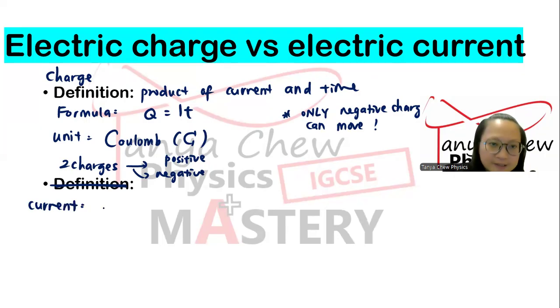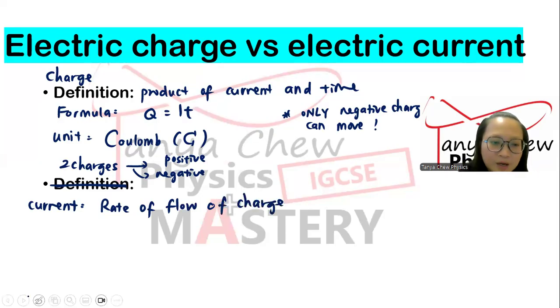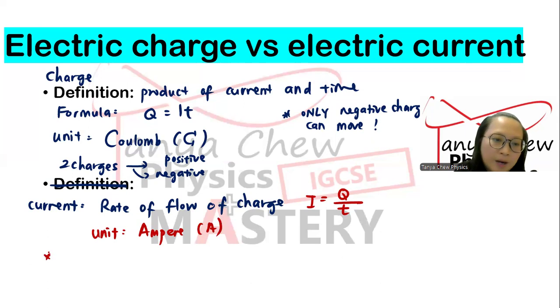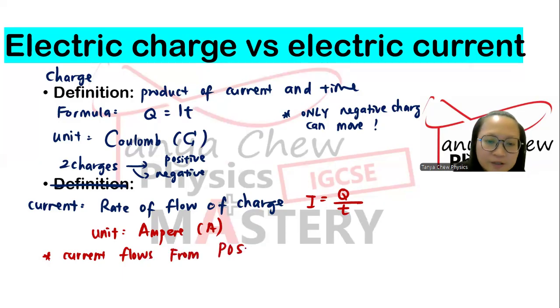Current. Definition of current is rate of flow of charge. Same thing. Okay, I'm using a different color. Current is equal to charge over time, I = Q/t. Unit, ampere or capital A. And bear in mind, current flows from positive terminal to negative.